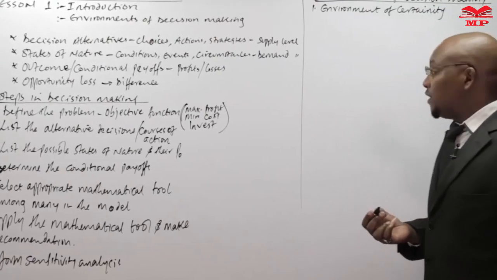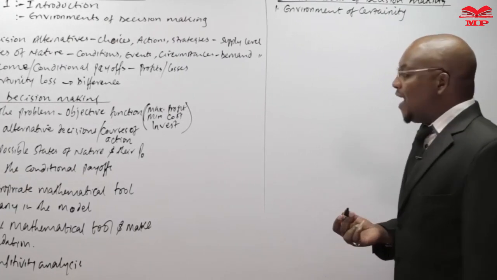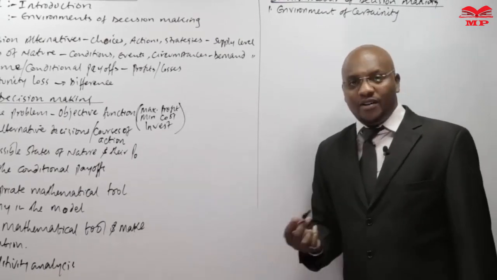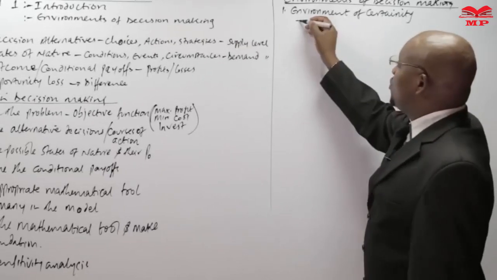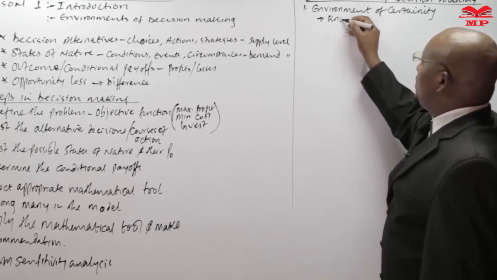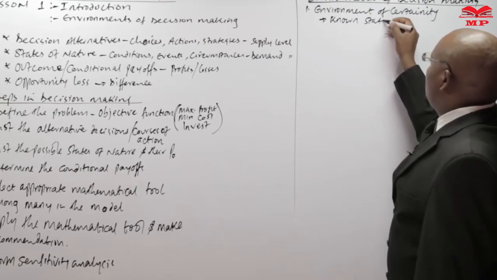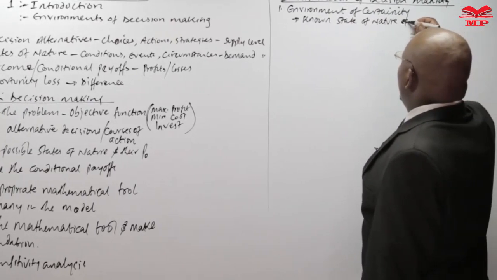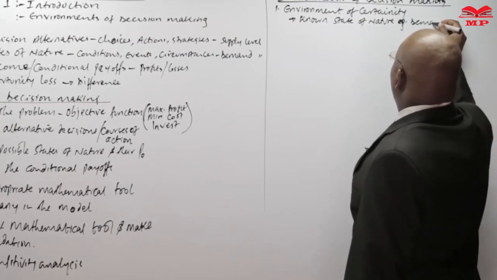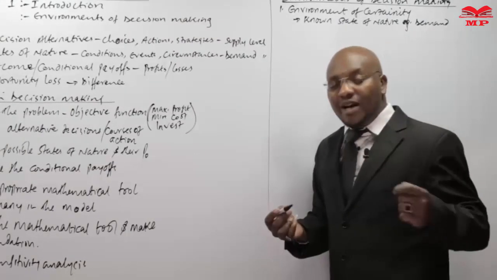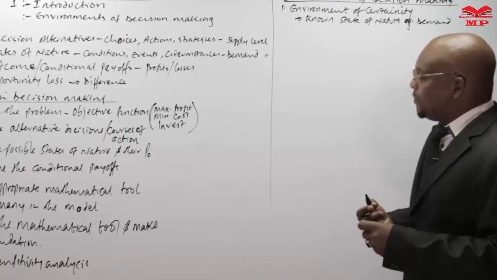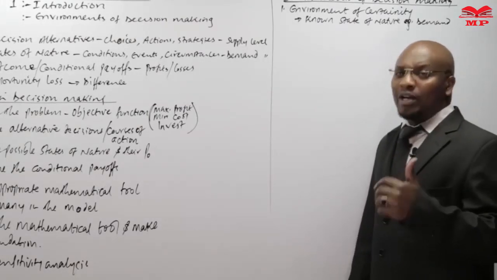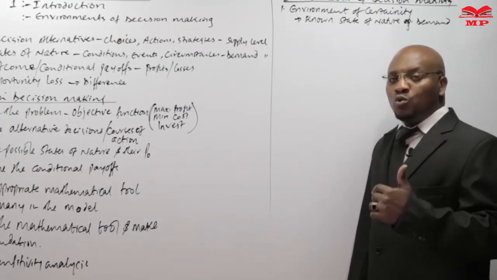Now this environment of certainty is that one where we are presuming that the course of action, the state of nature is known. So this one we normally assume that we have known state of nature, e.g., assuming that we know the demand. You can imagine where you are doing the production and you know the demand. That can only happen if it's like an order business where you produce what has been demanded.